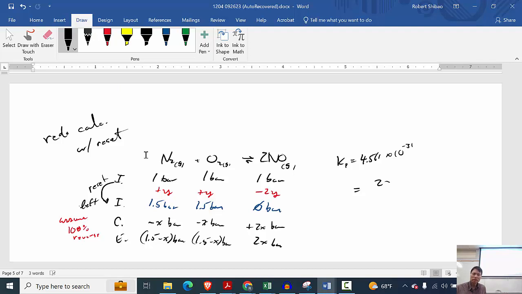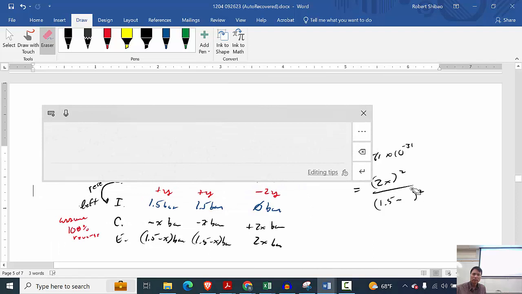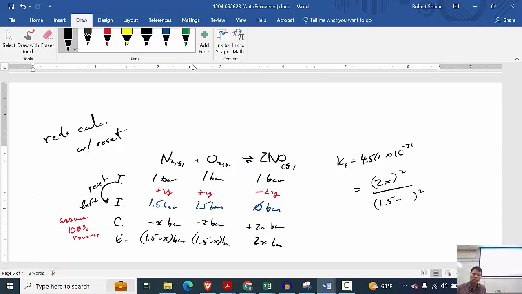This is going to be 2x squared divided by, okay, this is the same, so it's going to be 1.5 minus x. I made a mistake there. The 1.5 minus x squared.